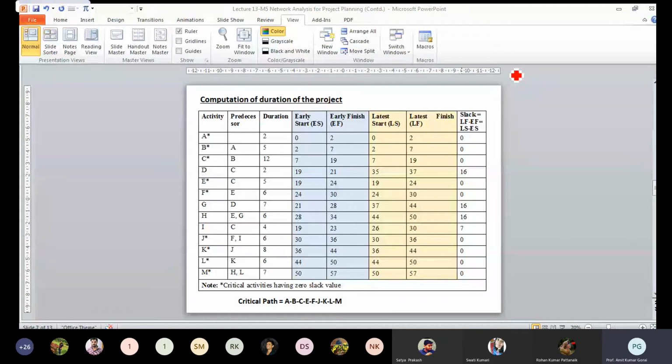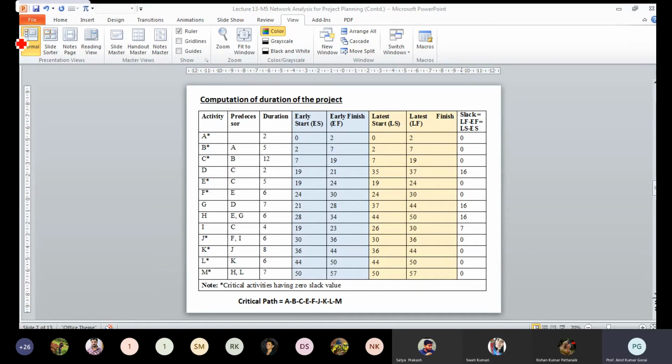The activities with a slack value of 0 are the critical tasks. Here these are A, B, C, E, F, and then J, K, L, M. These have 0 slack value, and that's why they are the critical tasks. The path through these tasks, A, B, C, then E, F, and then J, K, L, M, represents the critical path, which gives the maximum duration path.